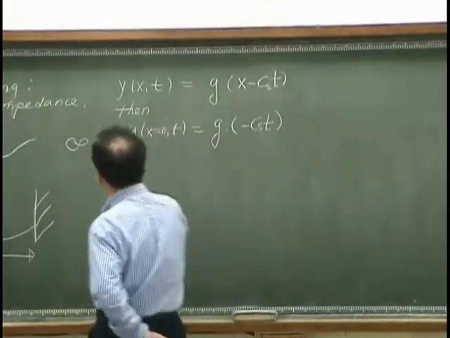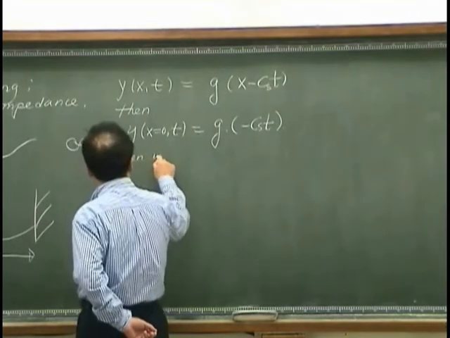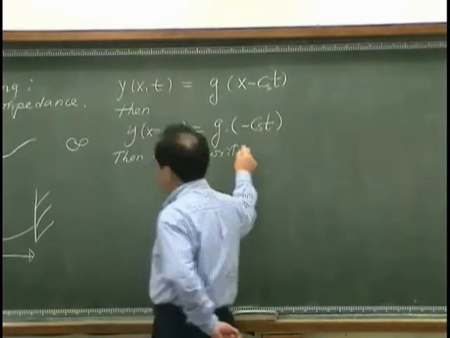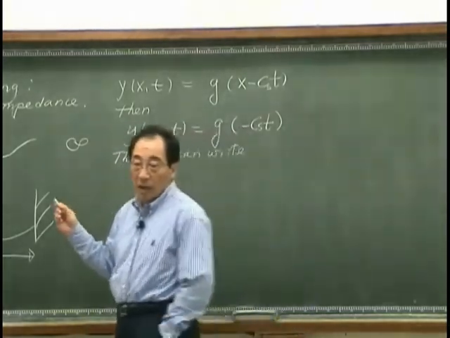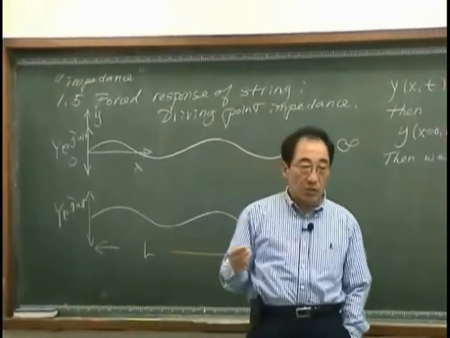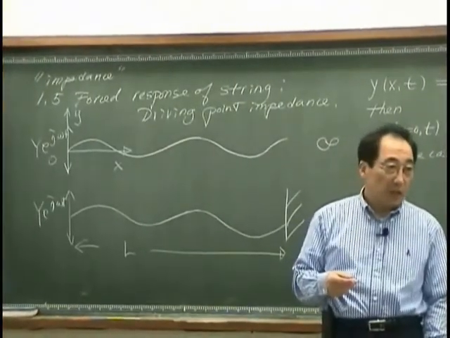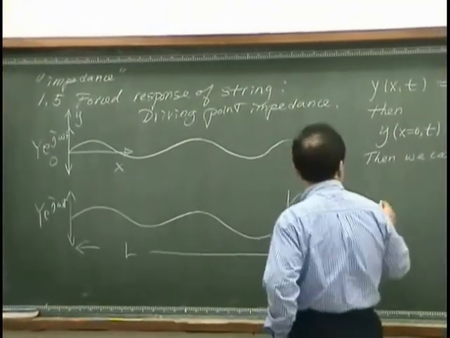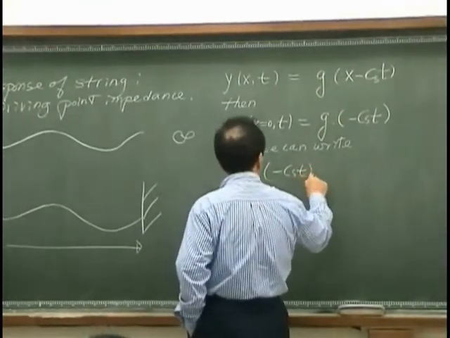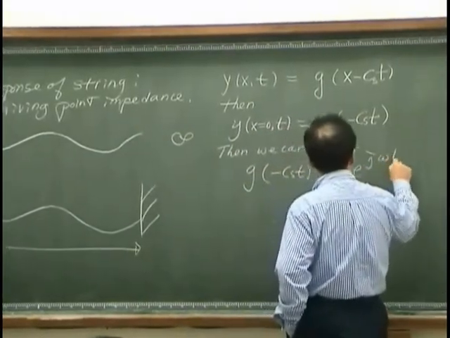And because we assume that we are exciting the boundary at x equals 0 with the displacement y exponential j omega t, I can write g of minus c_s t is equal to y exponential j omega t.